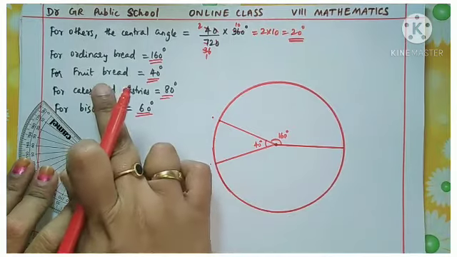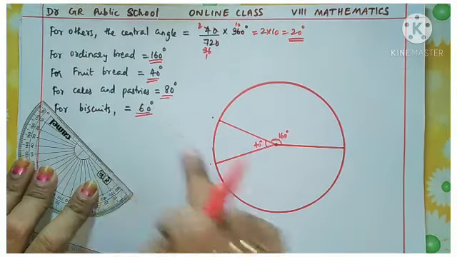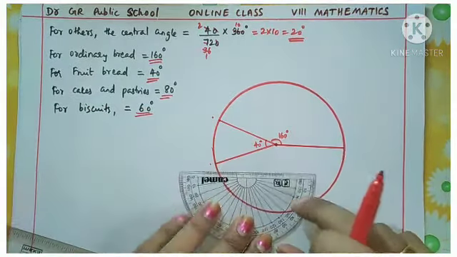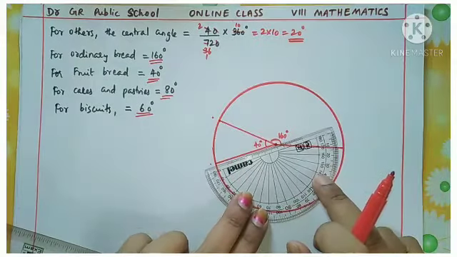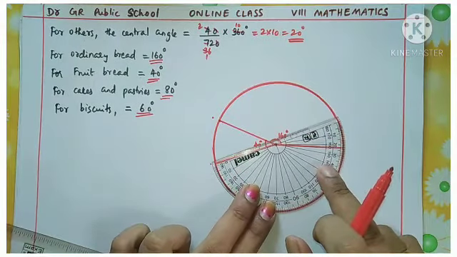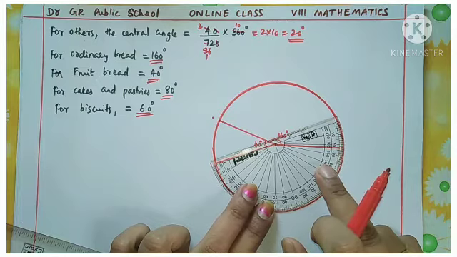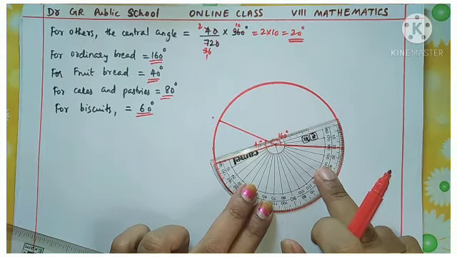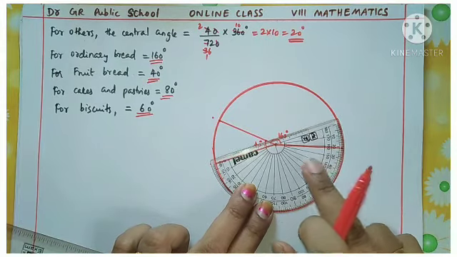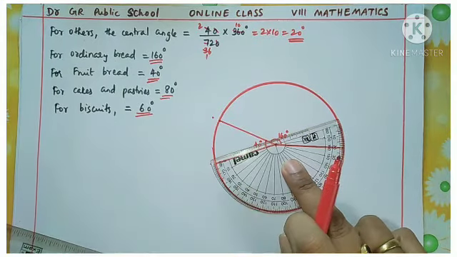Now we are going to construct for cakes and pastries, 80 degrees. So this line you want to consider. Keep the center of the protractor and coincide with the line properly.